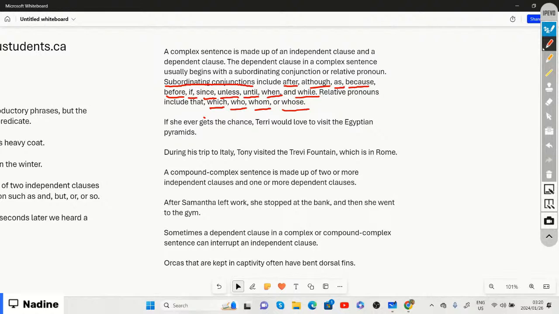So we say that a compound complex sentence, right? It is once again made up of two or more independent clauses and one or more dependent clauses, right? And we make an example when we say, after Samantha left work, she stopped at the bank and then she went to the gym.